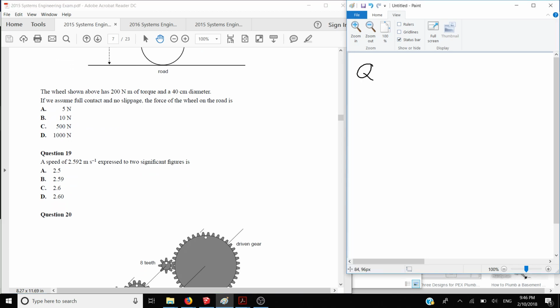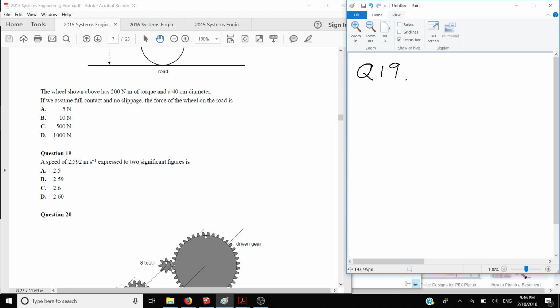Question 19. A speed of 2.592 meters per second expressed to two significant figures is, right, we need to revisit this in some revision, I know that, but let's just think two significant figures. Significant figures, we'll go through this in class, are figures that tell you about the accuracy of your measurement.